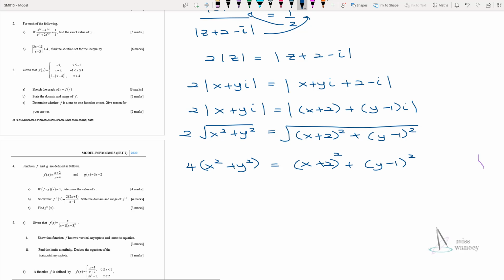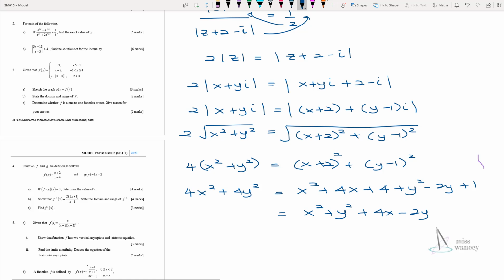So expand this. So this is 4x square plus 4y square. So this one will become x square plus 4x plus 4 plus y square minus 2y plus 1. So simplify a little bit. This is x square plus y square plus 4x minus 2y, 4 plus 1. So this is plus 5.